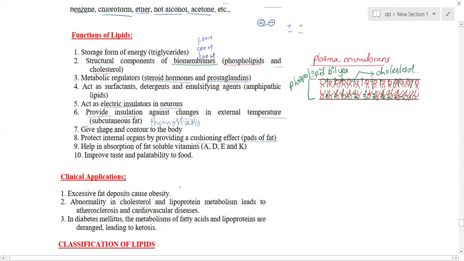It also helps in the absorption of fat-soluble vitamins like A, D, K, E. This absorption is easy because of lipid. Also, lipid improves the taste and palatability of food. These are the functions of the lipid.